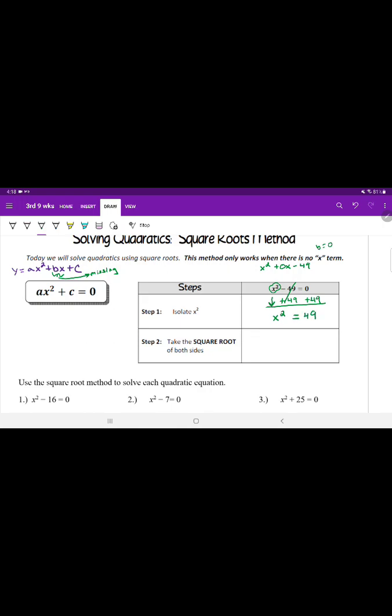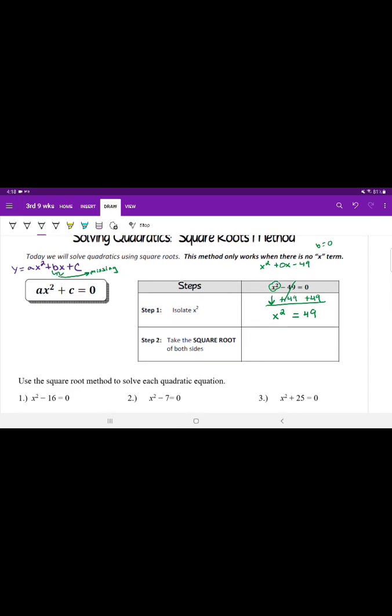Now that we have that, step 2, we're going to take the square root of both sides. So once your square, which is the power 2, is isolated, we just square root both sides, and that's it. So we've got x squared equals 49, and we're going to take the square root of both sides. Now what ends up happening is that square roots and power 2, or your square, are opposites of each other.